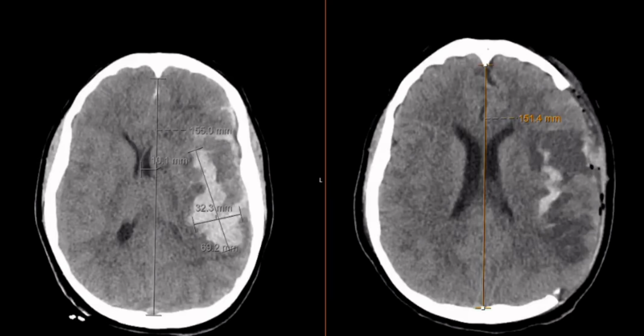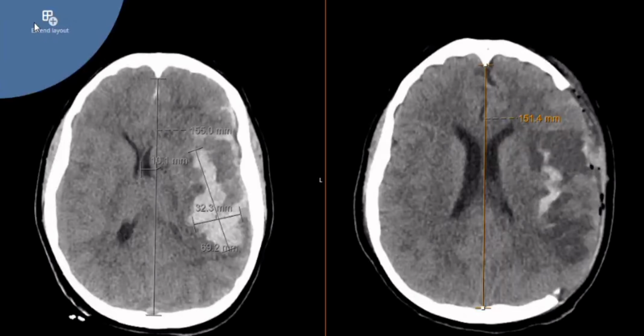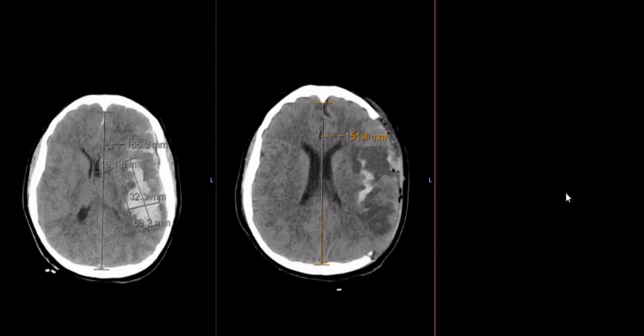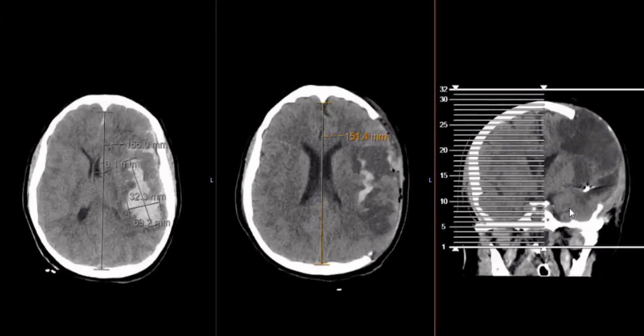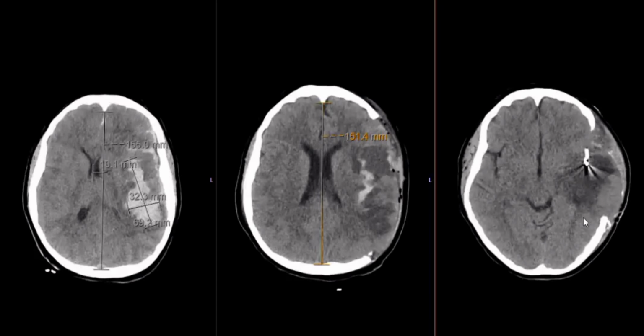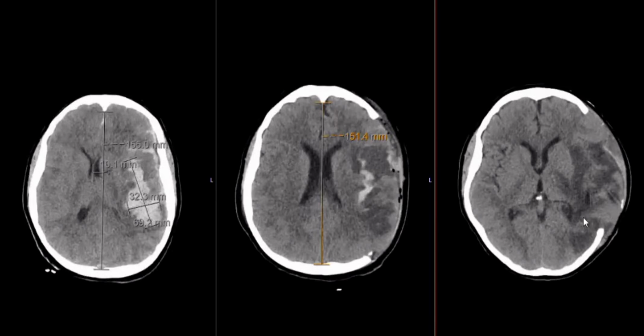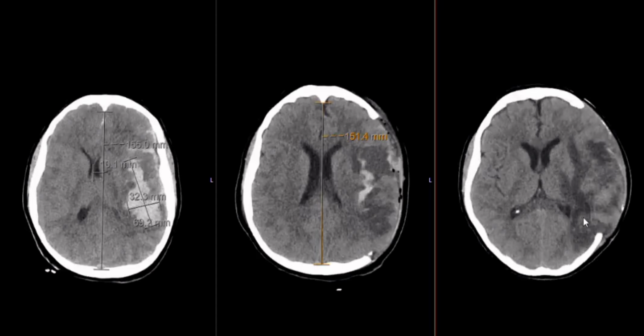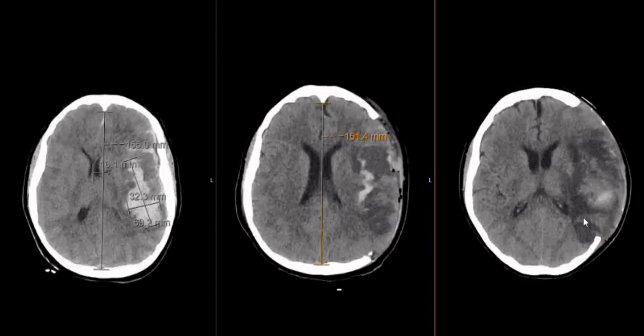I just want to go to more recent. Oh, indeed. So the bleeding has largely resolved and disappeared, but the edema itself has gotten more pronounced to some degree.